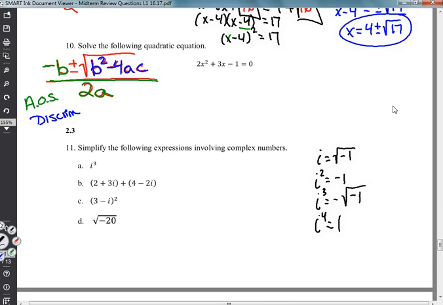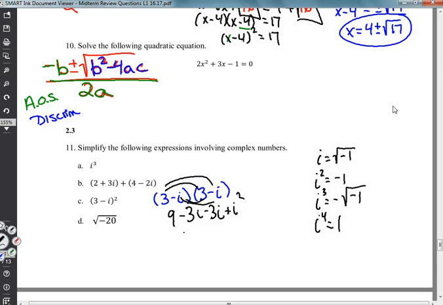So I will do C for you. Remember, that's not 9 minus i squared. It's 3 minus i times 3 minus i. And then we get 9 minus 3i minus 3i plus i squared.